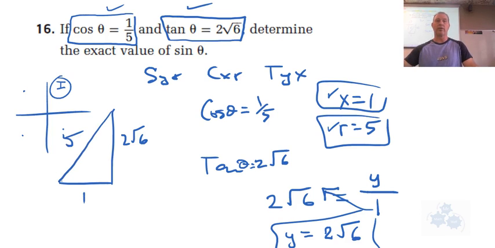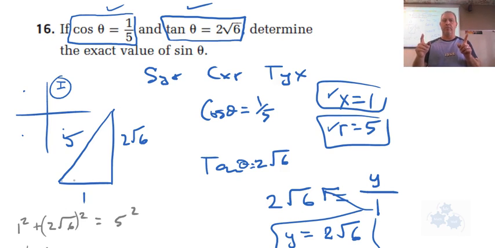So let's see if that works. 1 squared plus 2 root 6 squared should equal 5 squared. 1 plus, if you do 2 root 6 times 2 root 6, that's 4 root 36, or 4 times 6. What's 4 times 6? 24, and 1 plus 24 equals 5 squared, which is 25. Does that look good? That looks good.